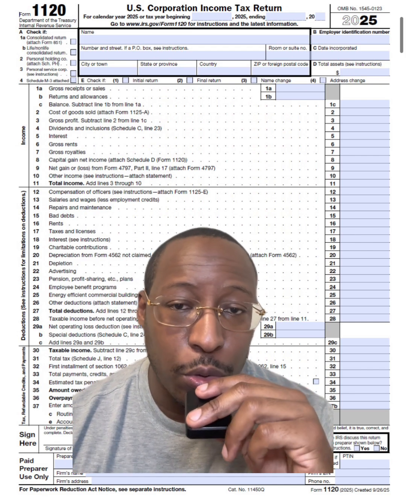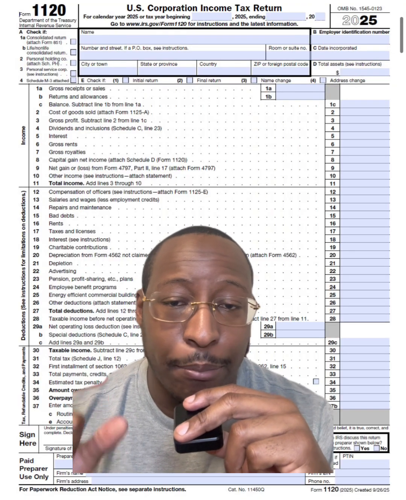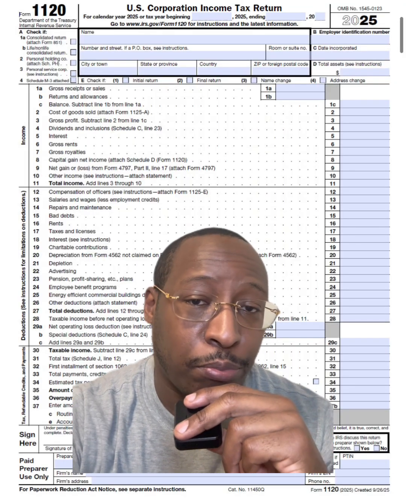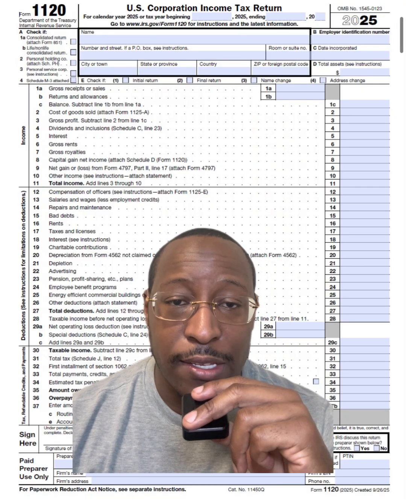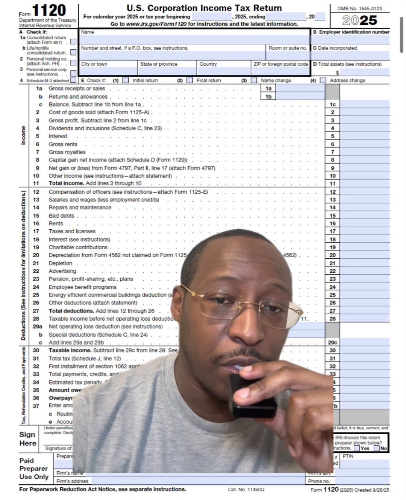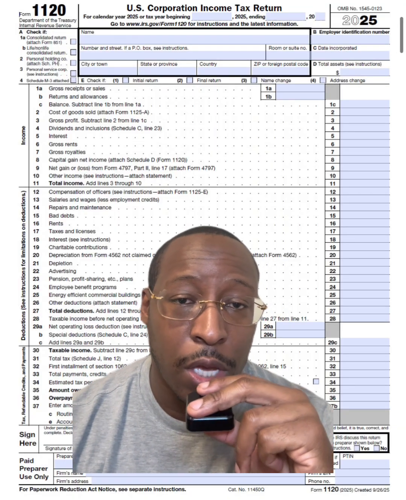Okay. Now, let's say the corporation has 5 shareholders, right? Whatever profits are made from the corporation, part of those profits will shovel down to the shareholders. Part of the profits will stay in the corporation. So the profits that stay in the corporation are called retained earnings. The profits that get shoveled down to the shareholders are called distributions. Okay.